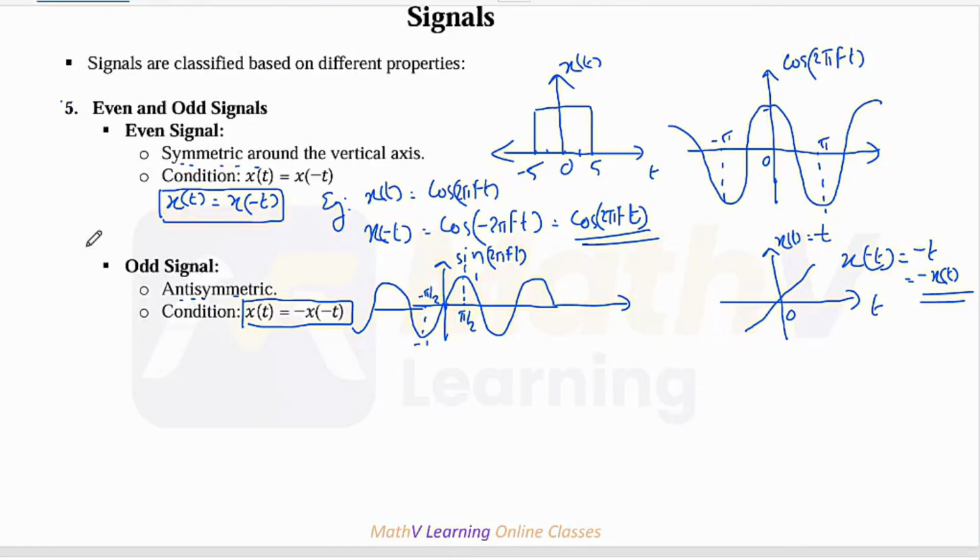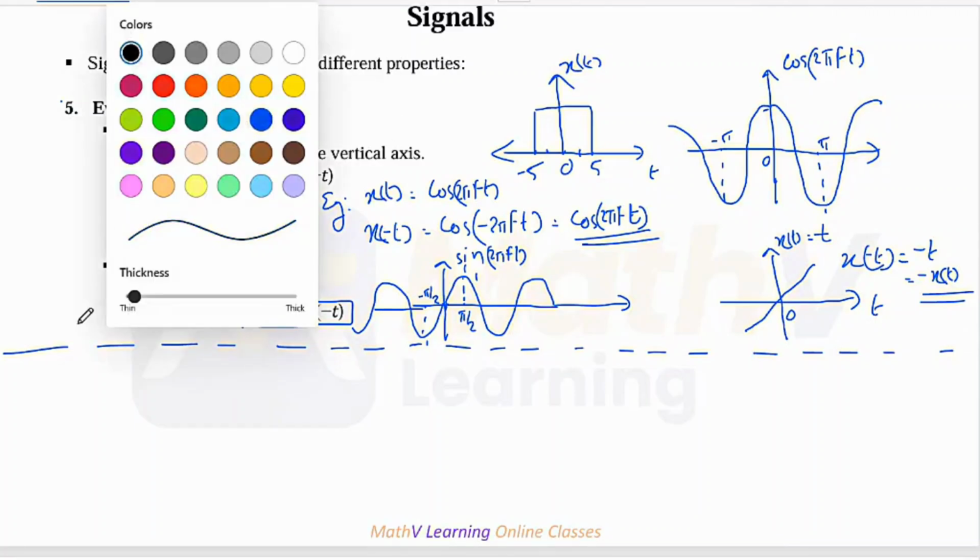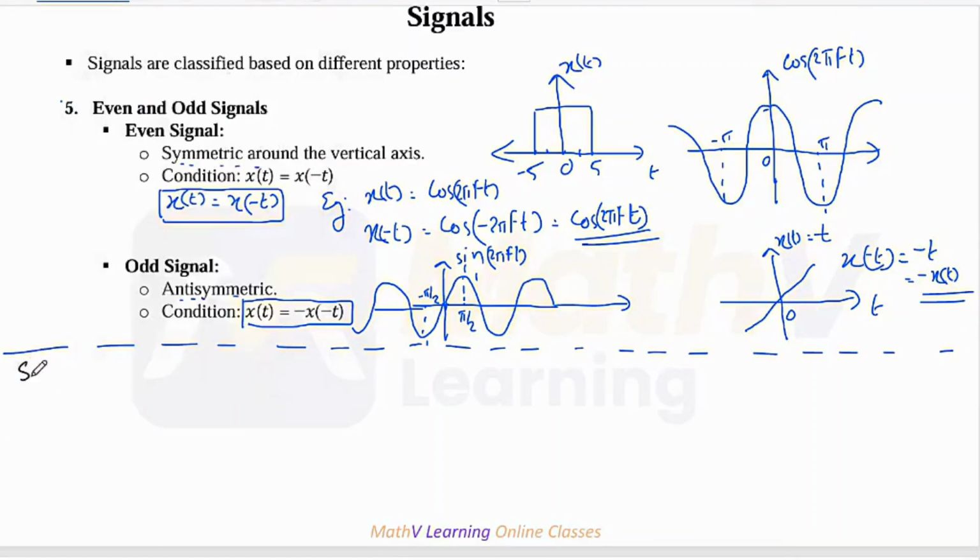Now say I have a signal x of t, so it's not even or odd.